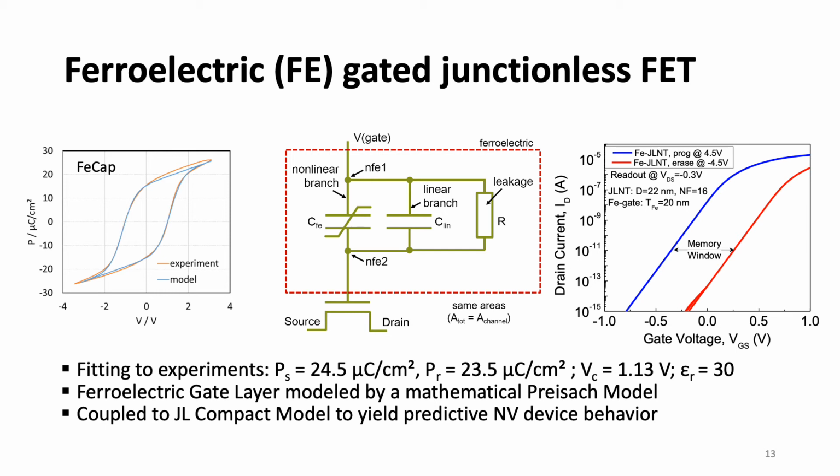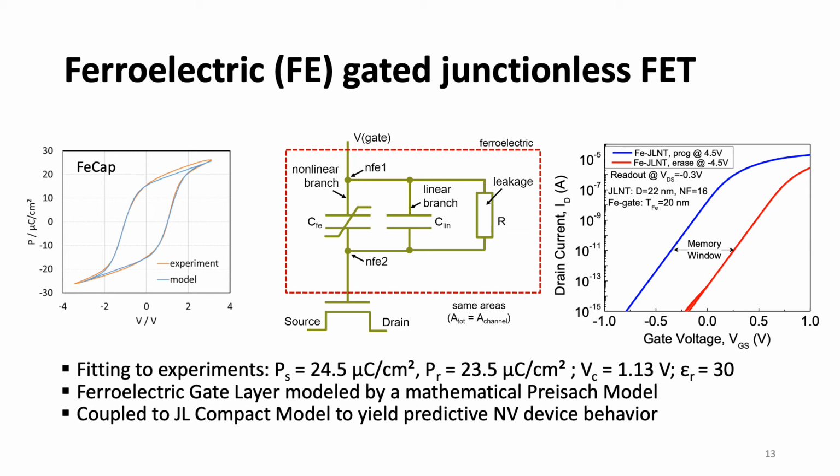The model comprises a ferroelectric branch, a linear capacitance branch, and a leakage branch. Fitting to the experimental data has been done by varying electrical parameters shown here. Time dependence and sub-loop behavior have also been added.